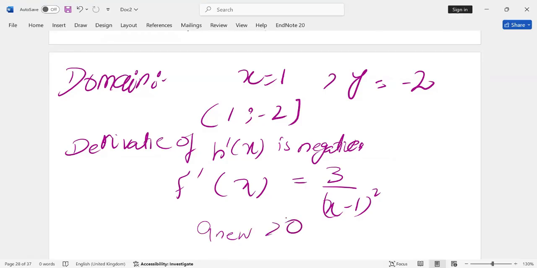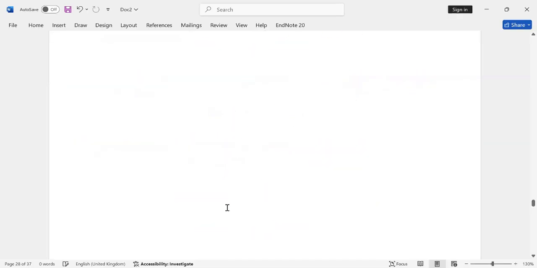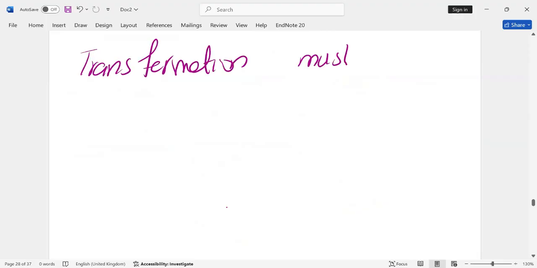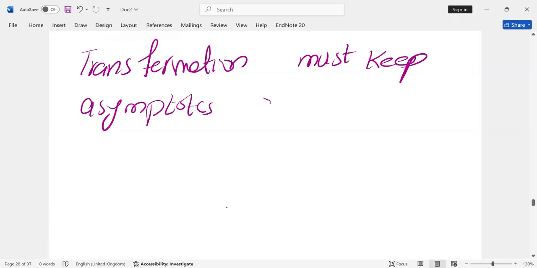The third condition is that the transformation must keep the point at 1 and minus 2.